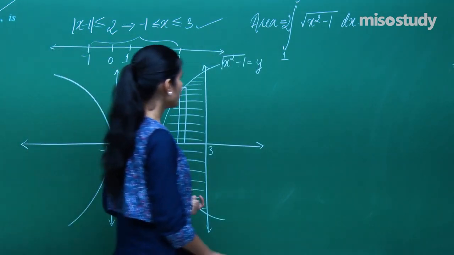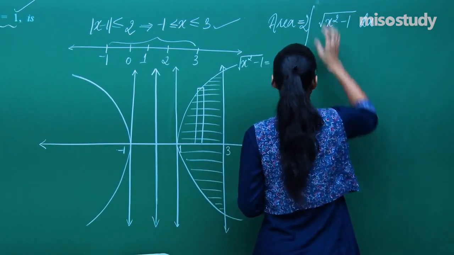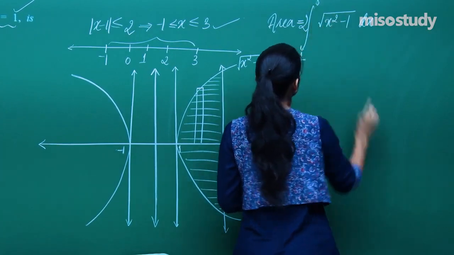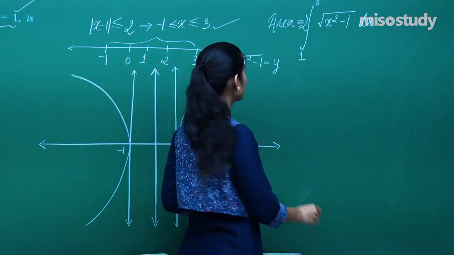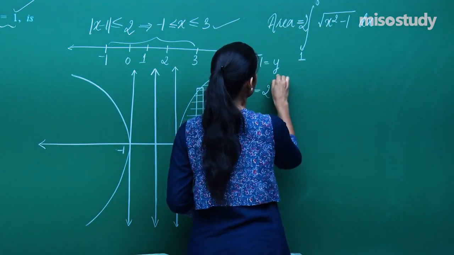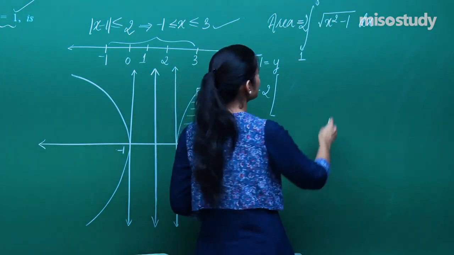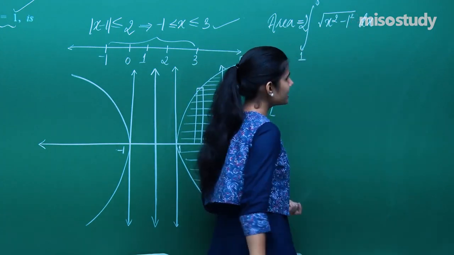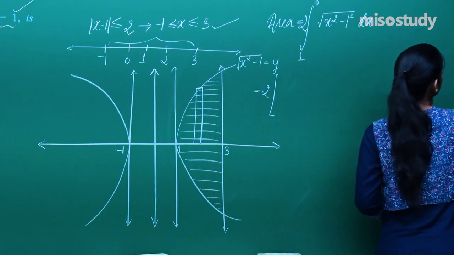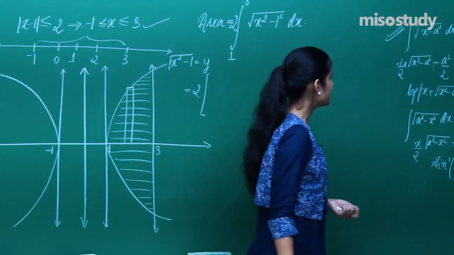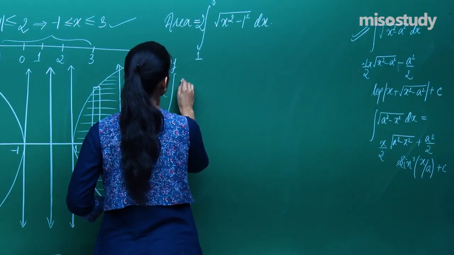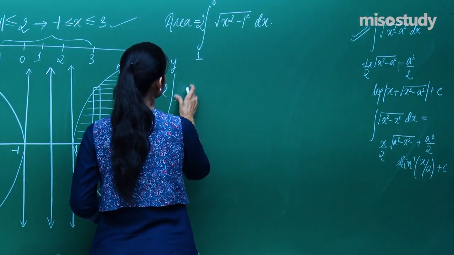Okay guys, so once we have decoded what area we need to find, let's plug in the formula and get ahead with the computation of the area. This is twice the integration of under root x square minus 1. I can consider this as under root x square minus a square. Integration of under root x square minus a square is 1 by 2, so you can take 1 by 2 out common.